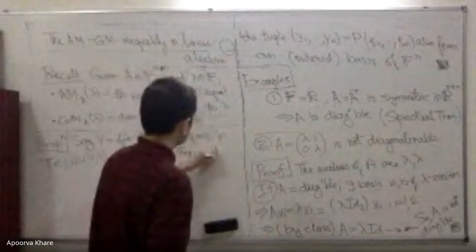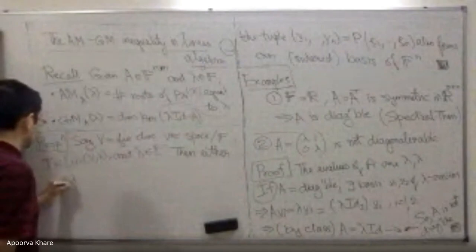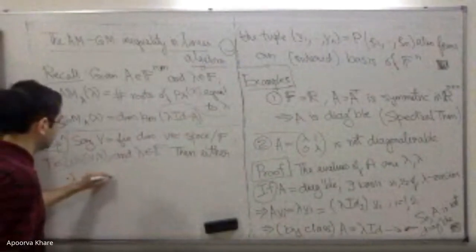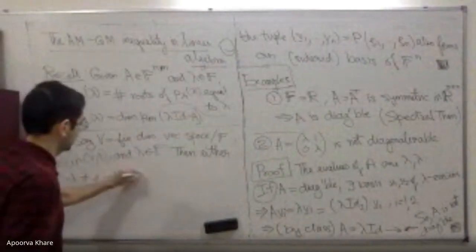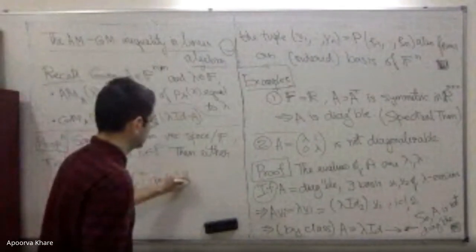exactly two things can happen. Either lambda is not an eigenvalue of T, and AM equals GM equals 0.